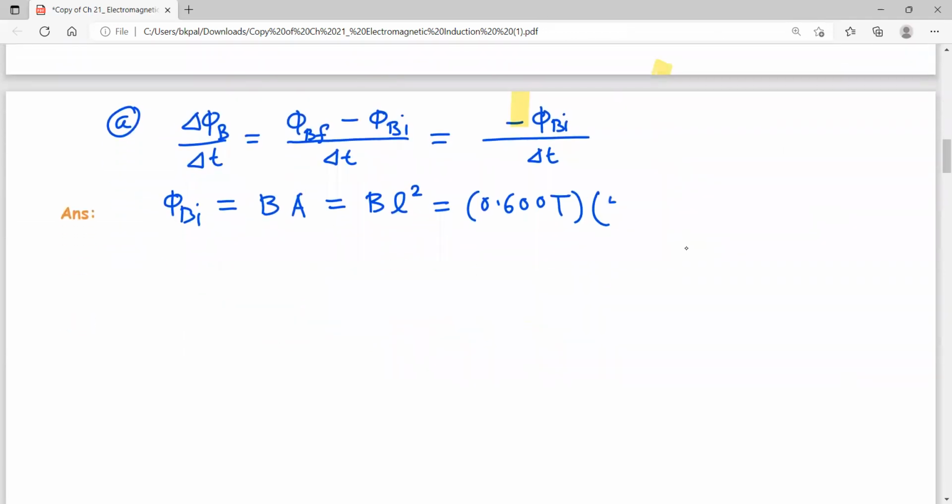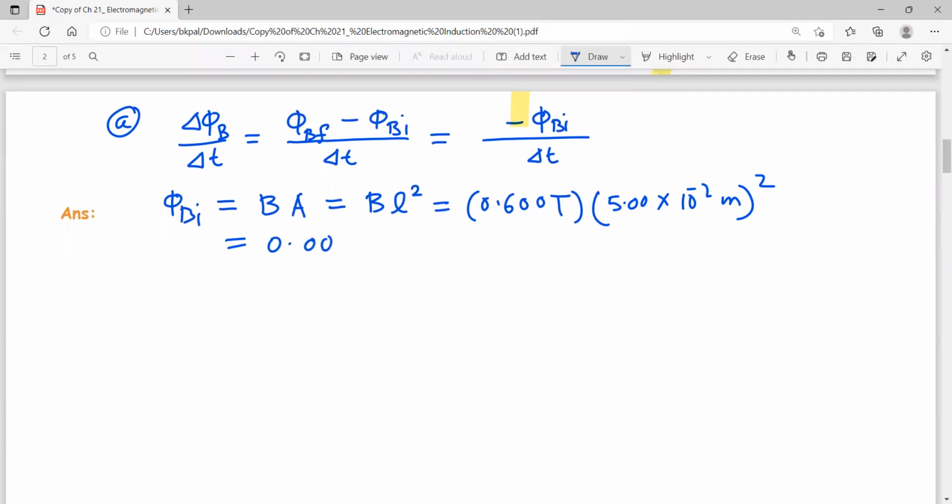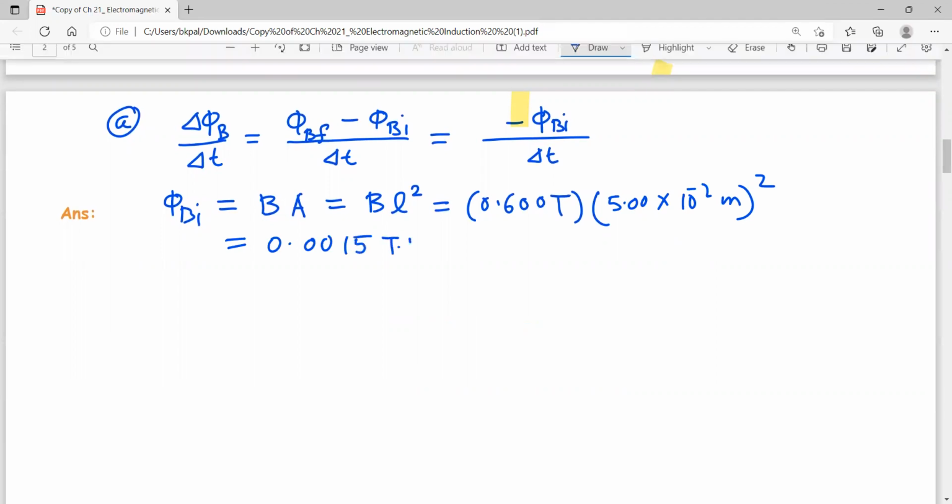Okay, so 5 centimeter means 5 times 10 to the power minus 2 meter square, and cosine 0 degree. So it is basically 0.0015 Tesla meter square.